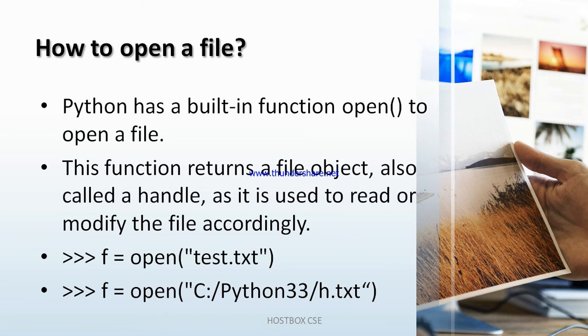For example, in the Python IDE I am going to open a file with f = open("test.txt"). You can give the file name and mode also, sometimes without a mode, or you can give the full path. Either way you can open a file. Assume we create the file test.txt on the desktop; you can open it with this open statement.